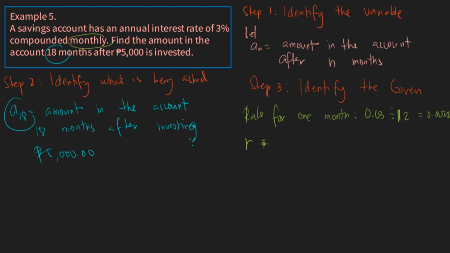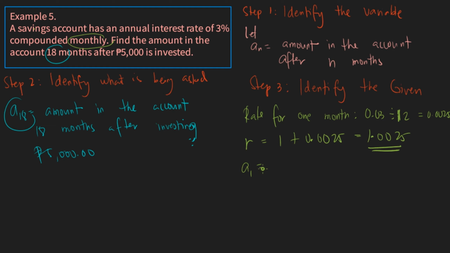So our common ratio would be 1 plus 0.0025, or 1.0025. This is our common ratio. Again, 1 is the wholeness, and the interest, the rate for 1 month, is 0.0025.